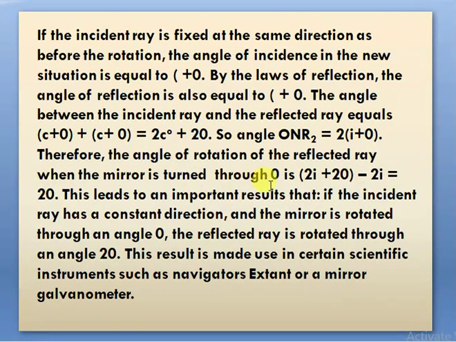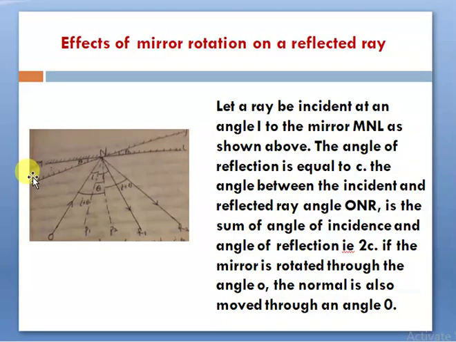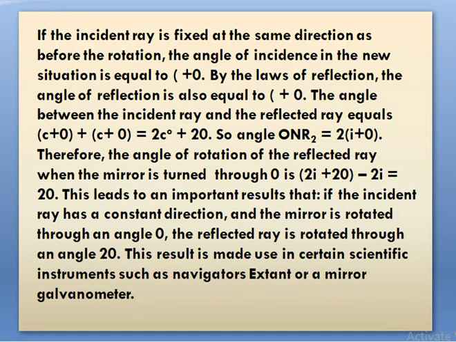Take note, 2I plus 2 theta minus 2I. Let's see from that diagram again. From here we have the total angle ONR2, 2I plus 2 theta. Then minus 2I from here to here. And that gave us 2 theta.